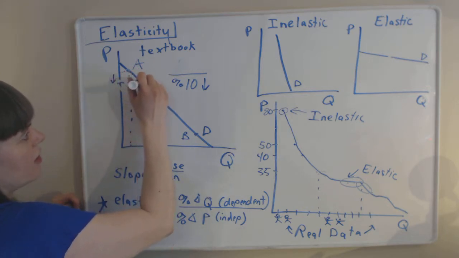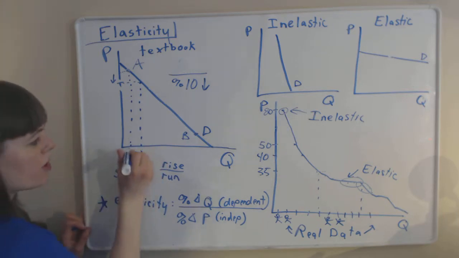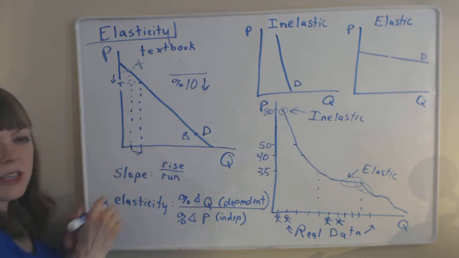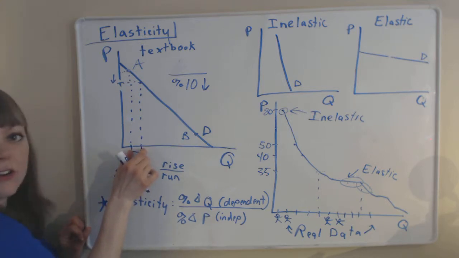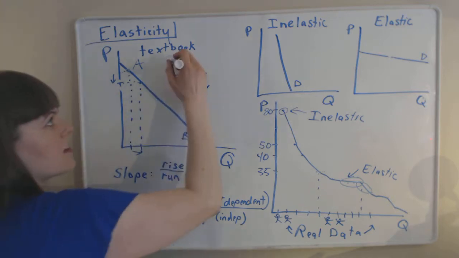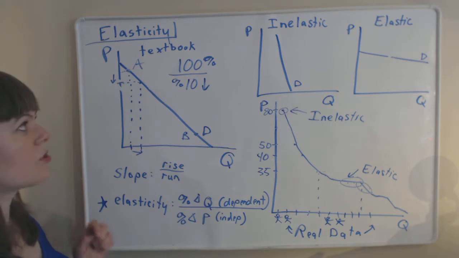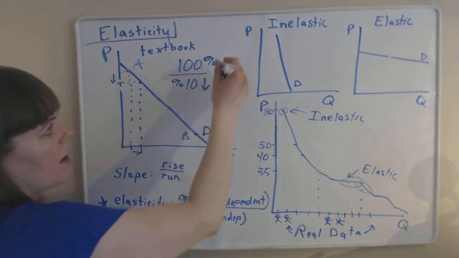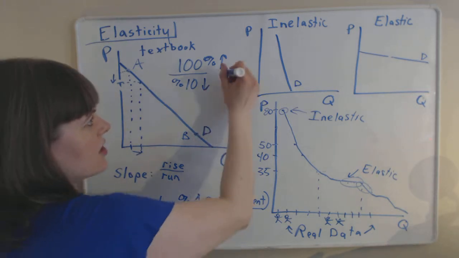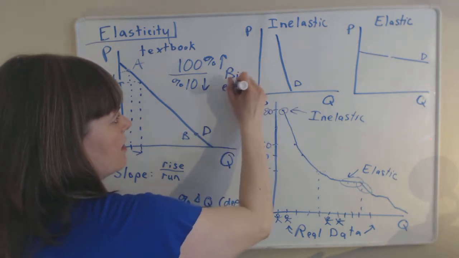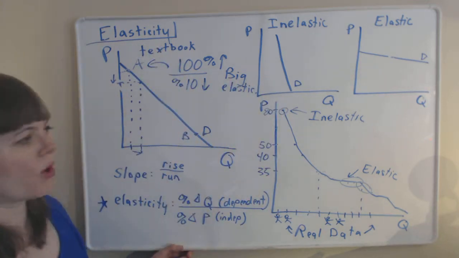If our price goes down here, the quantity is going to increase here, and it looks like it's increasing by roughly 100%. So we have a 100% increase in the quantity sold when we decrease the price by 10%. That's actually a pretty big elasticity, and that big elasticity happens at point A.